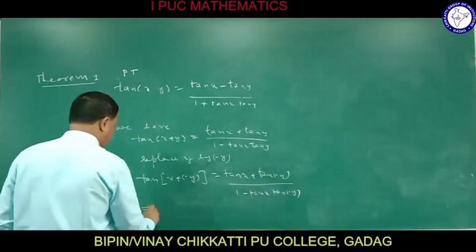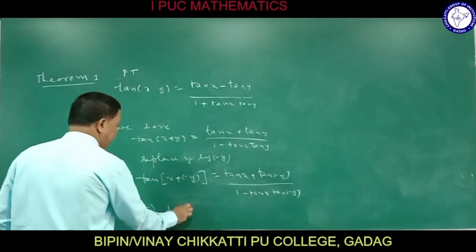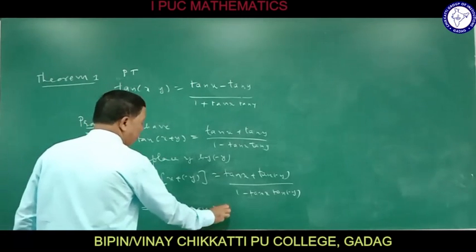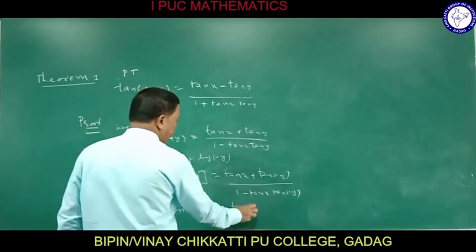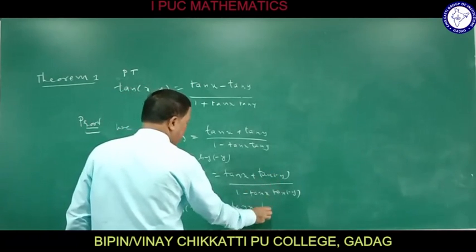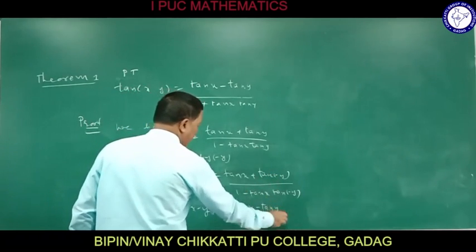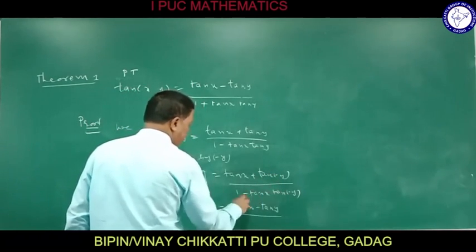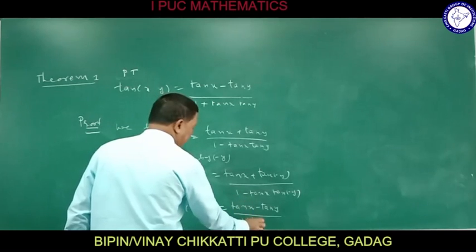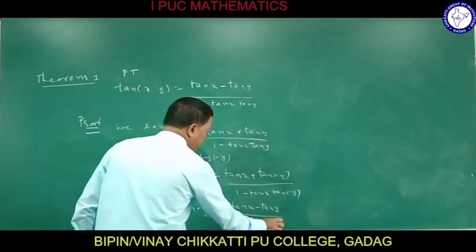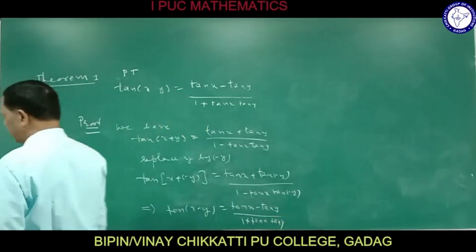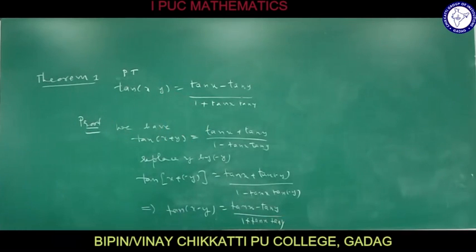So this comes tan of x minus y is equal to tan x minus tan y, and here in the denominator, 1 minus minus becomes plus, so we write tan x tan y. You have understood how you have got this result.